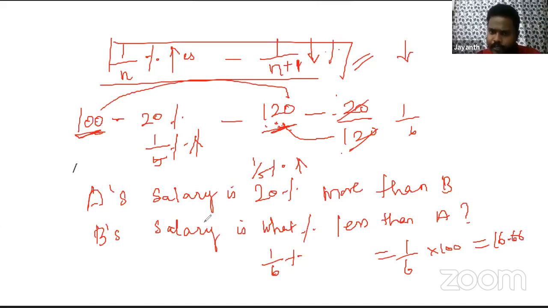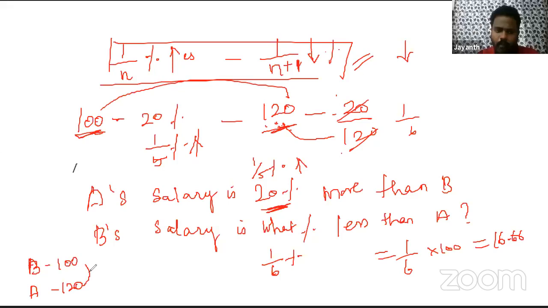Is that clear, guys? Or else, if you want me to explain, take B salary as 100, because A salary is 20% more. Whenever a percentage is given, take the value as 100. If B salary is 100, then A is 20% more, so A is 120.